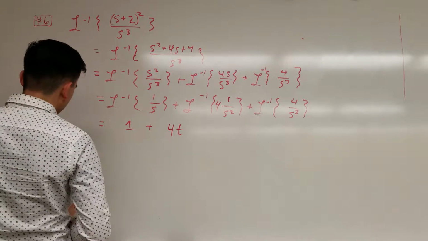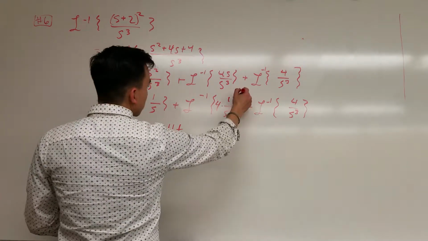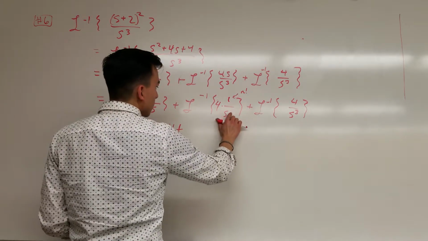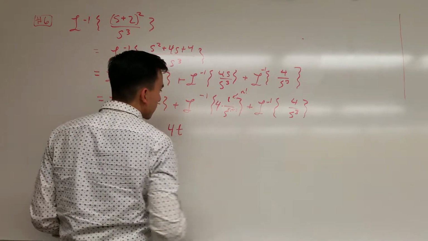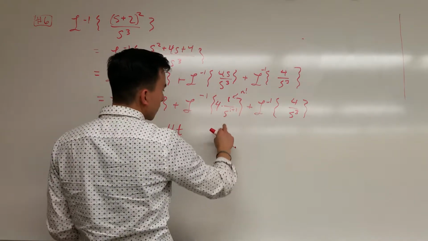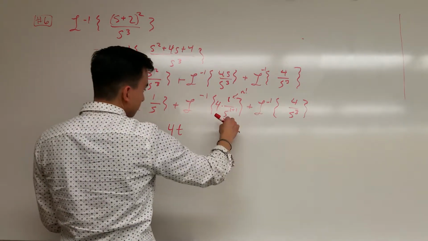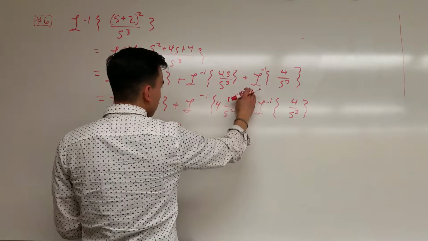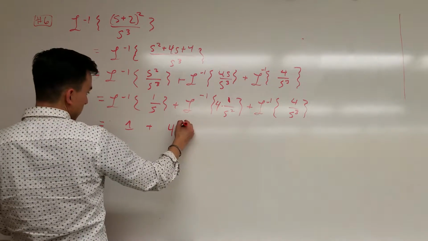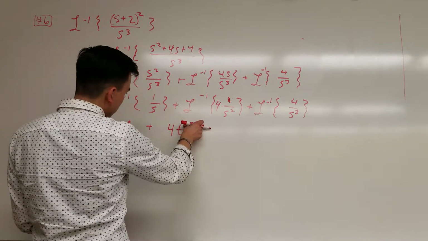And if you're wondering why, well, this is our n factorial, and this is actually n plus 1. It was a power of 2, so that means it was 1 plus 1, so our n is 1. And that's why we get t, because our n was 1.